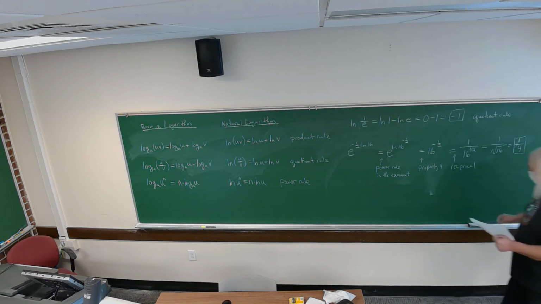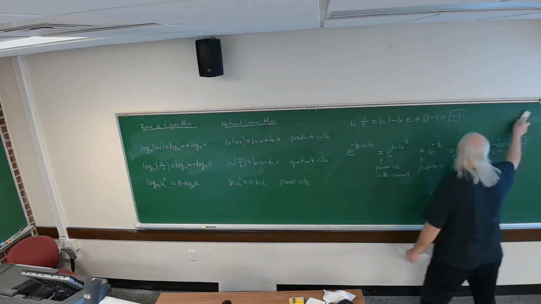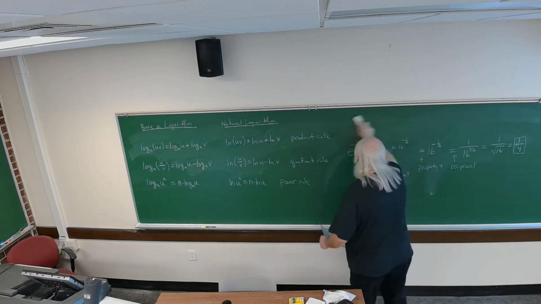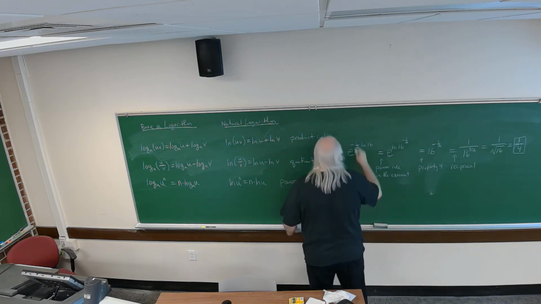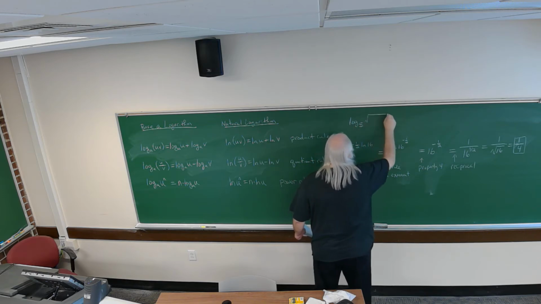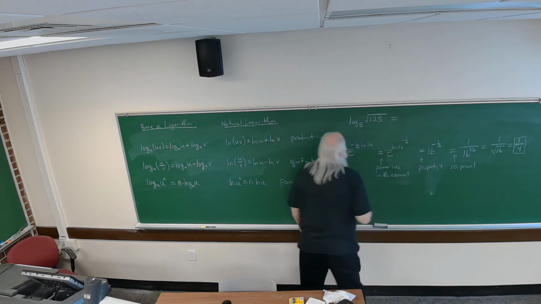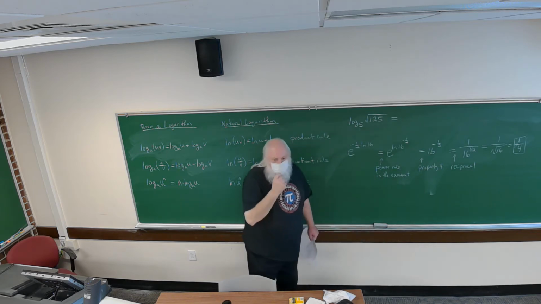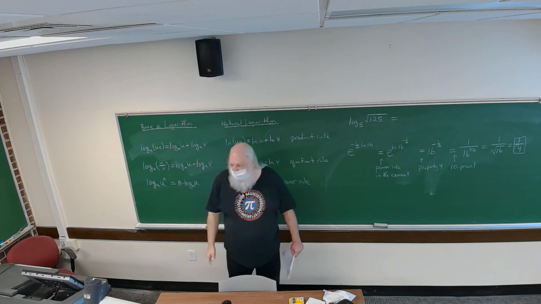All right, let's take a look at C. We have log base 5 of the square root of 125. There's more than one way a lot of times to solve these problems.